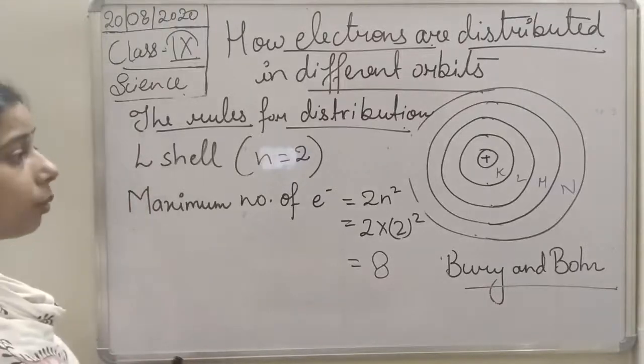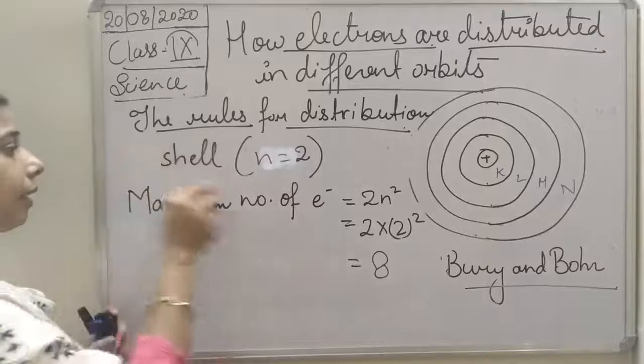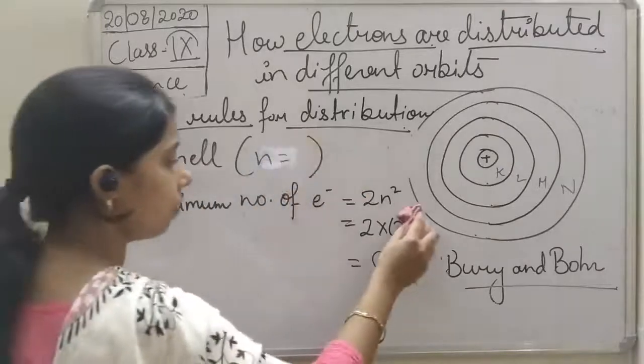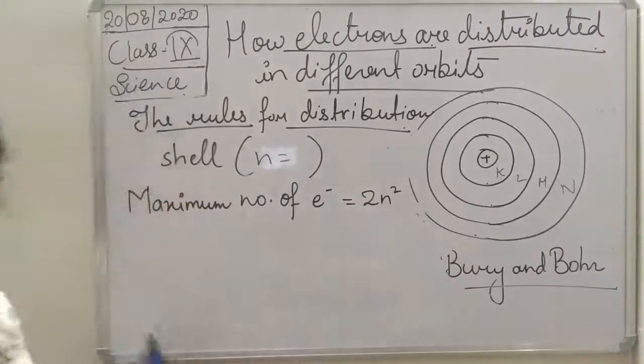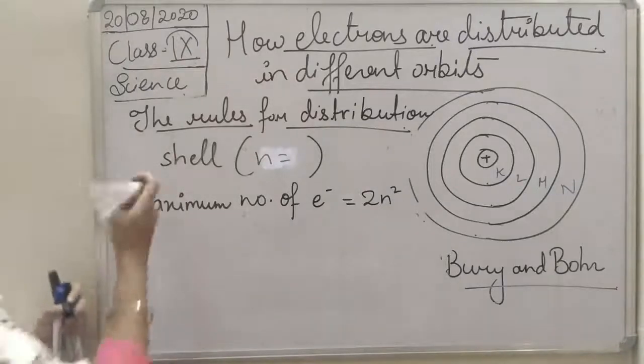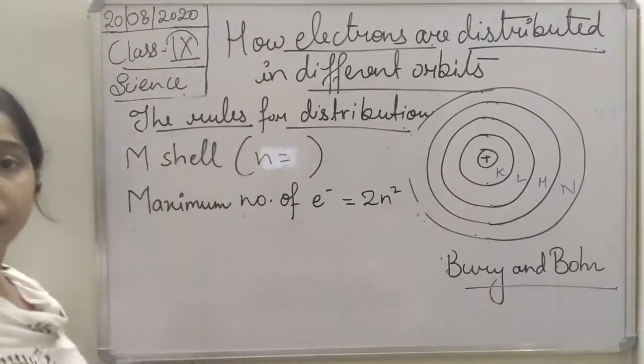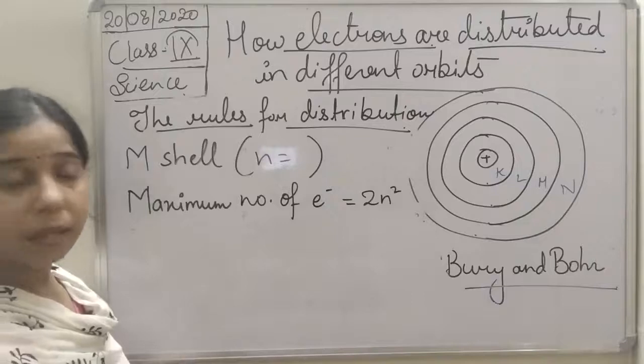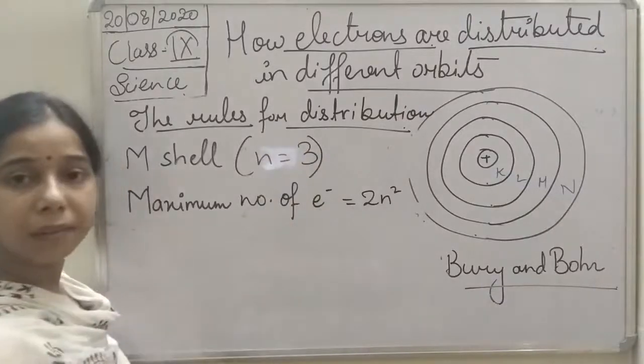we will talk about the next orbit, student, and the next orbit is the M shell. So the orbit number is 3.